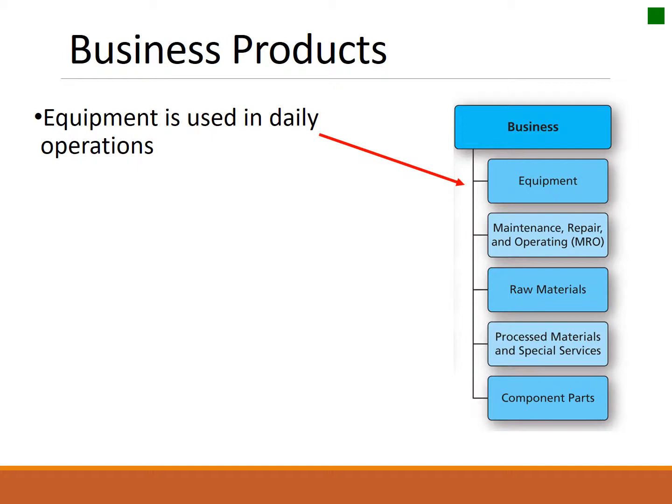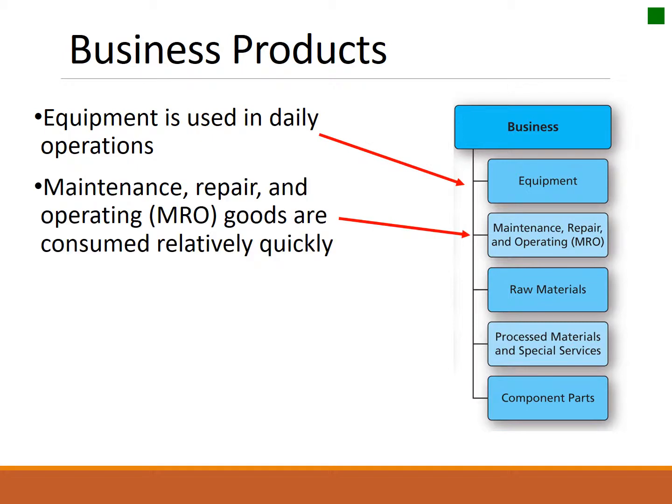So a firm has to operate in some capacity, whether they're a producer or filling some other form of a supply chain or value chain of some type. But equipment that they use would be ones that they need in order to produce the value that they're creating. Second category would be MROs, which stands for maintenance, repair, and operating.